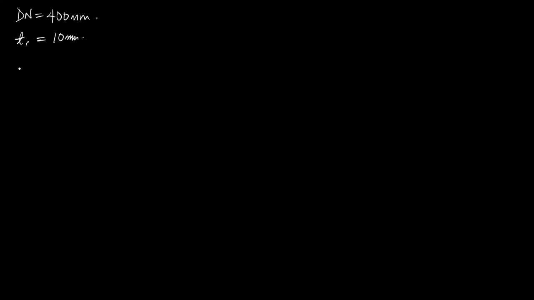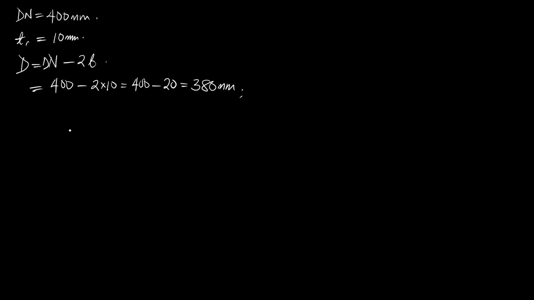So the internal diameter will be the nominal diameter minus 2 times the wall thickness. So we have 400 minus 2 times 10. This will be 400 minus 20, which gives us 380 millimeter.